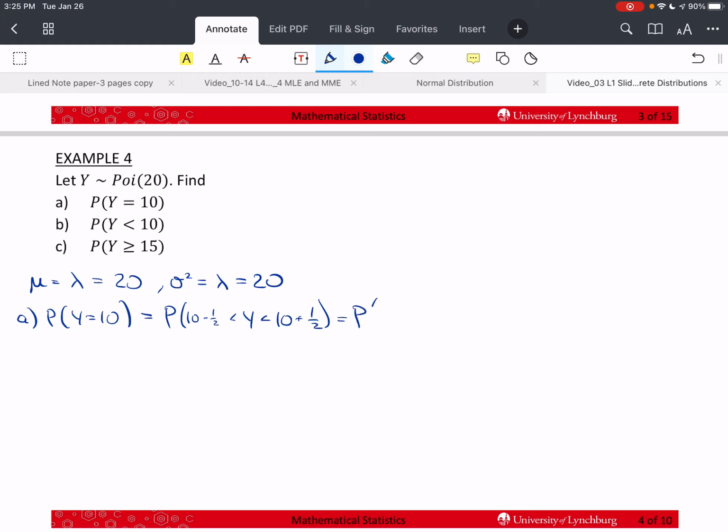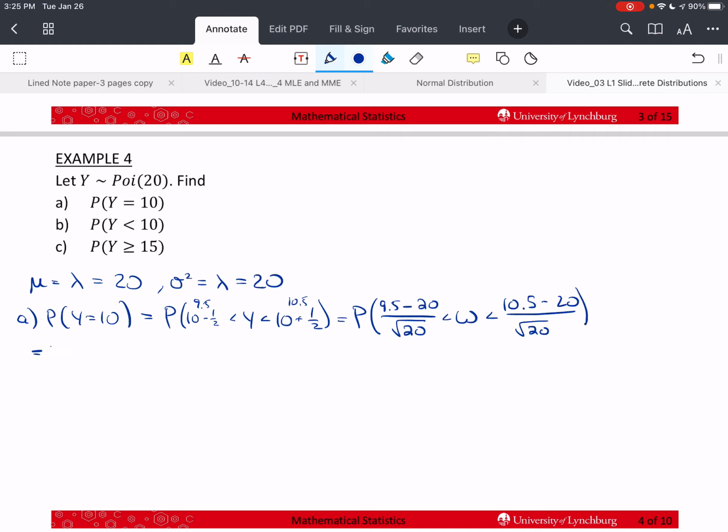And this is equal to, we'll take 9.5 and 10.5. So I'm going to go ahead and simplify those. So (9.5 minus lambda, which is 20) divided by the square root of lambda, which is 20, and then (10.5 minus the mean) divided by the standard deviation.